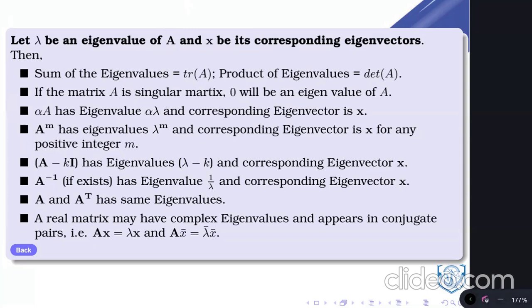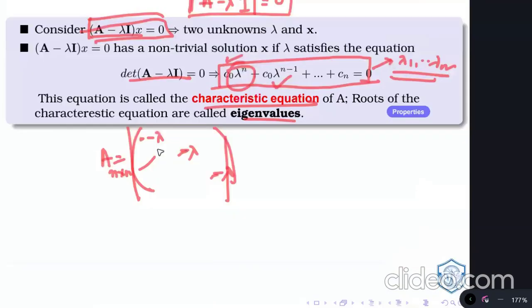Any scalar multiple will have the scaled eigenvalue with the same eigenvector. Similarly, a power of A will have the power of λ, with the same eigenvectors. A inverse will have λ inverse. A transpose will have the same eigenvalues. Complex eigenvalues lie as complex conjugate pairs. So these are some of the properties which we will use again.